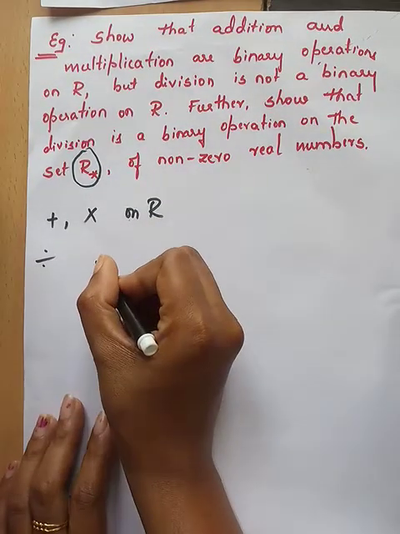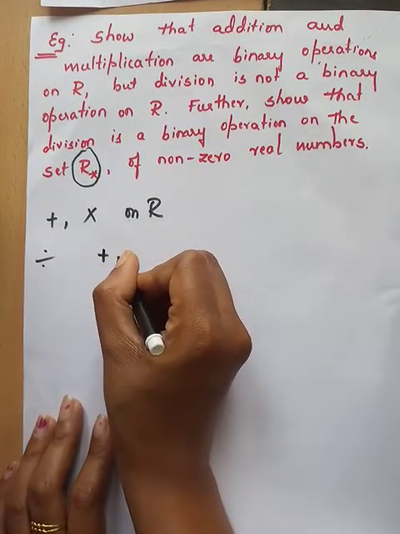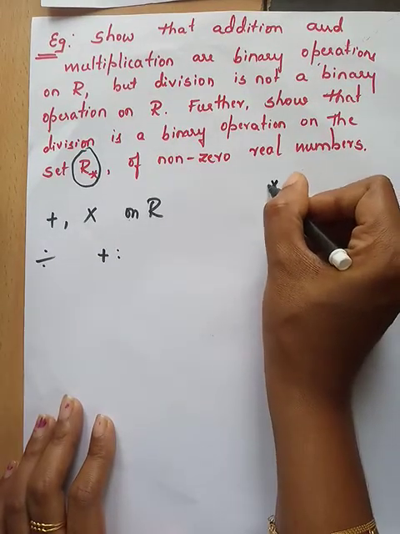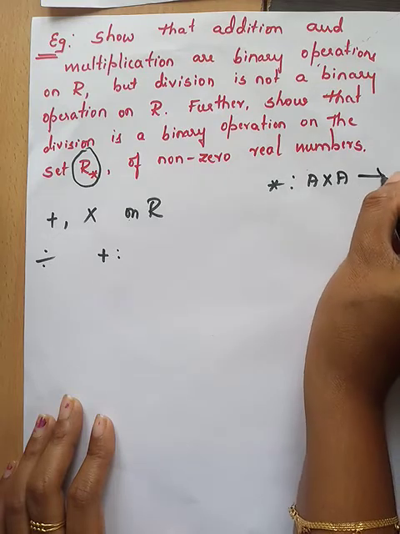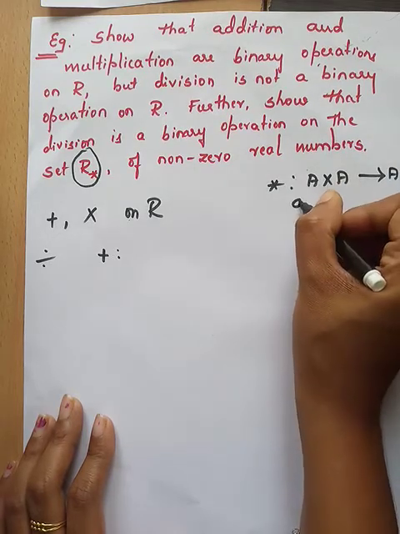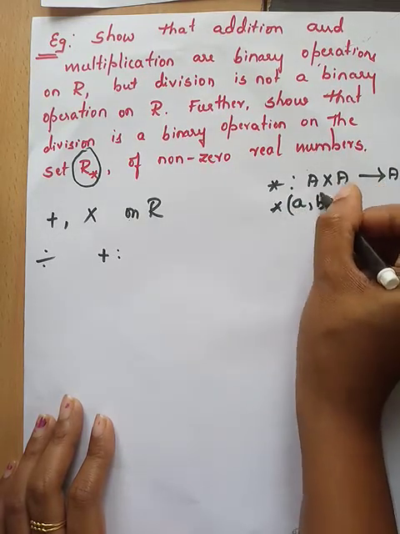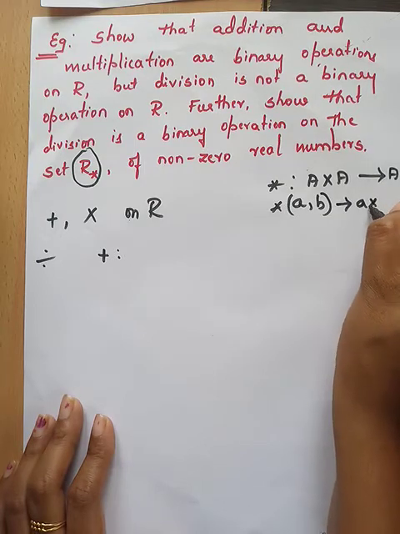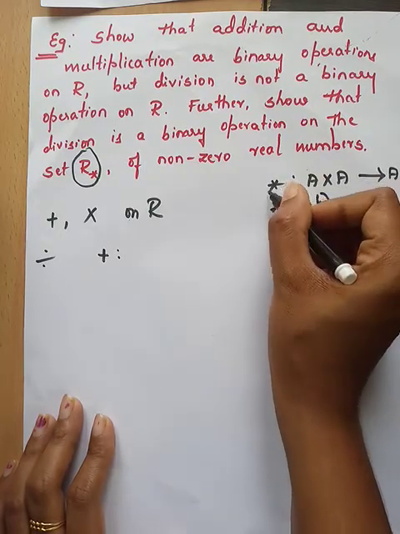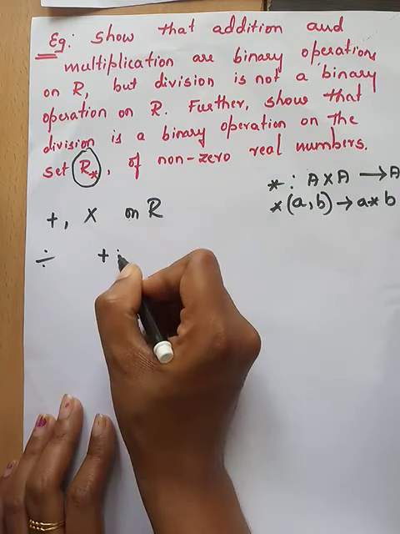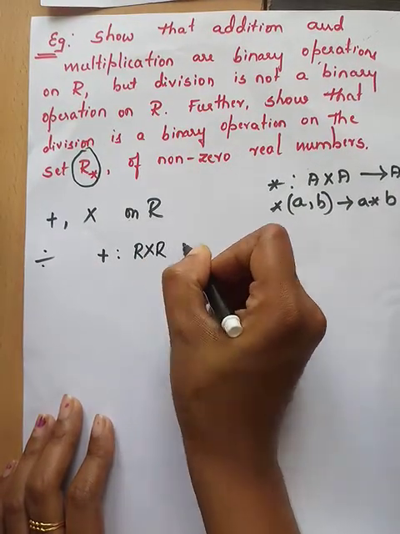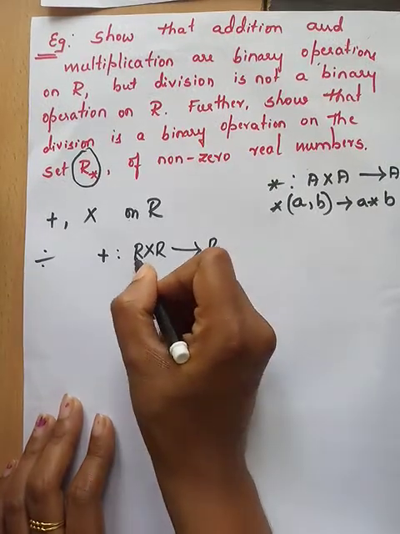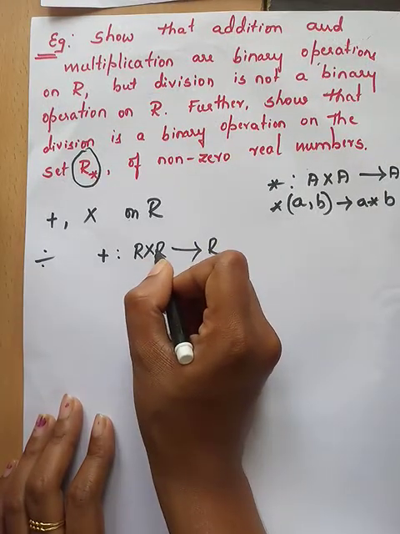So first, how do you define addition? Binary operations are defined as star from a given set cross itself to A, and star on A comma B is nothing but A star B. Here in place of star we have addition. So it is addition from R cross R to R, so both the numbers should belong to the real numbers.